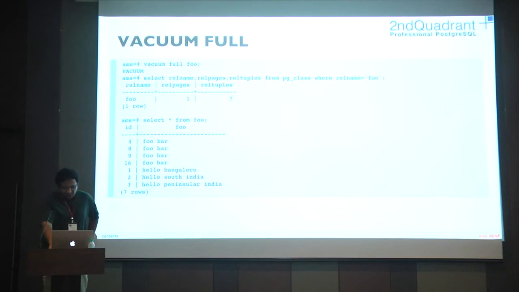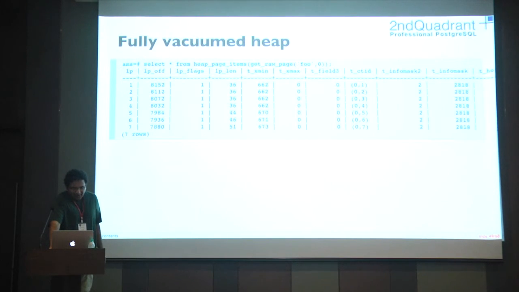And so we end up with a table that has just 7 tuples in one page. The stuff I didn't delete. And that's what the fully vacuumed heap looks like. Just 7 line pointers and everything stacked up neatly on the page starting from the end.